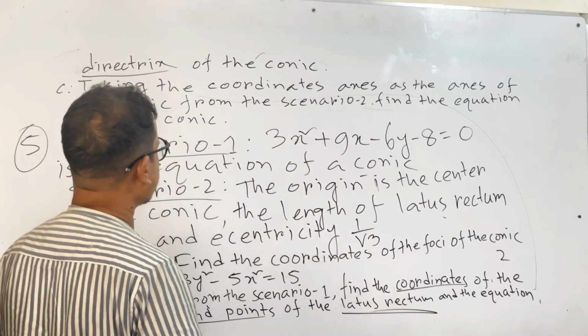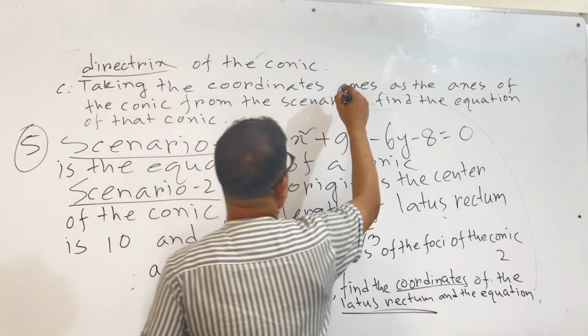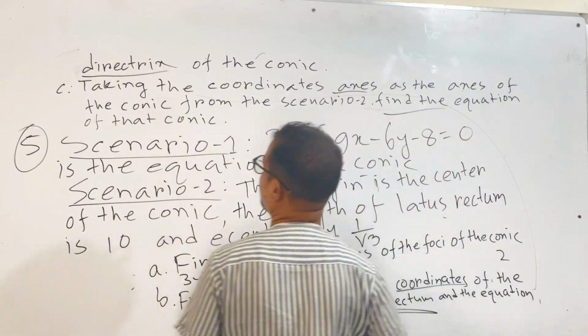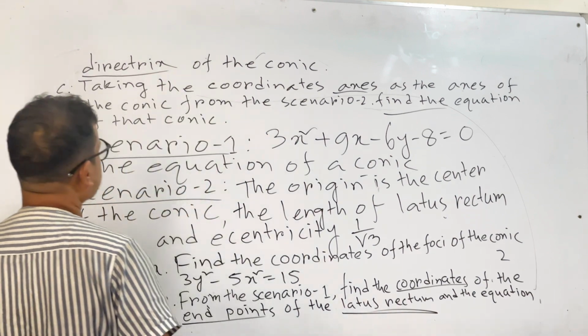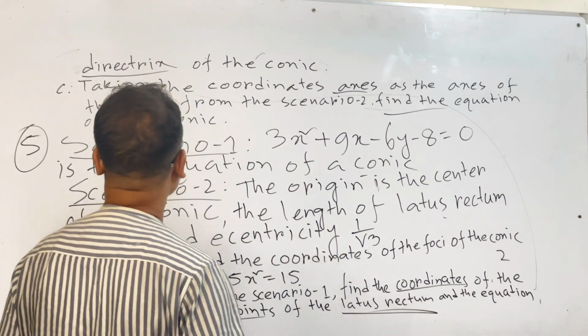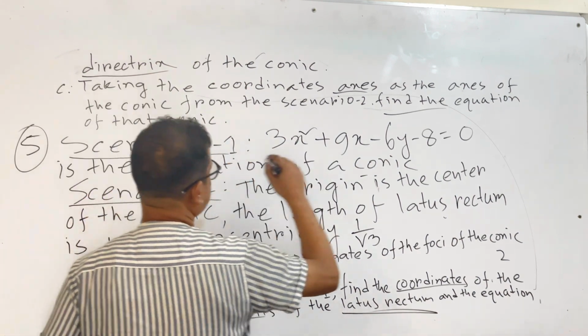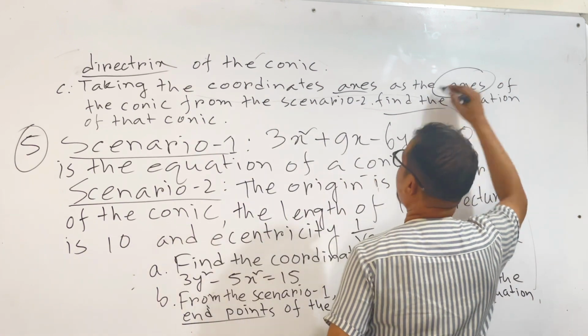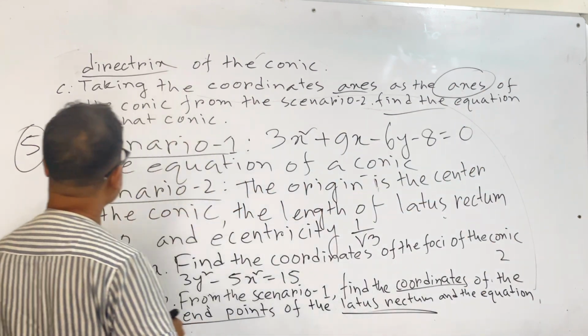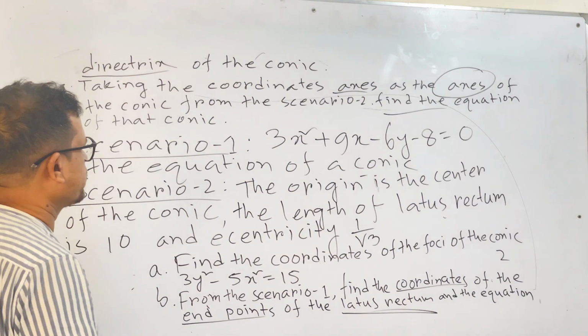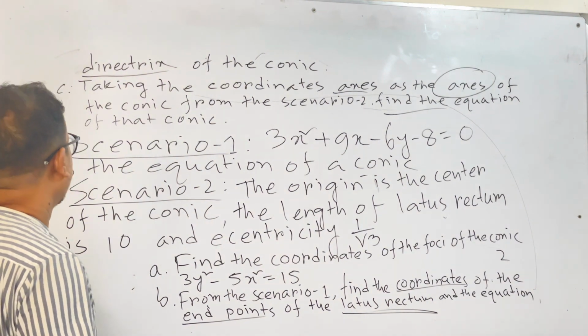Taking the coordinate axes as the axes of the conic, we have to find the equation of the conic. Okay, the coordinate axes are the axes of the conic.